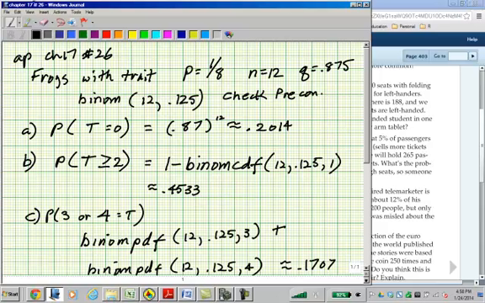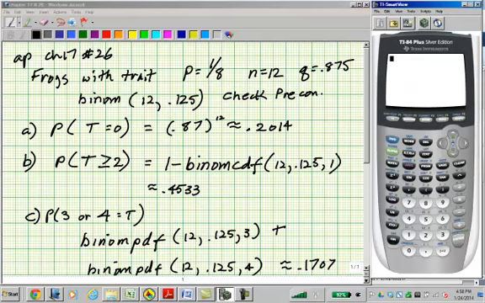And so let's just review how we do that. Second, and then vars, and we arrow up to binom CDF. In this calculator it's B, but it can vary. 12, 0.125.